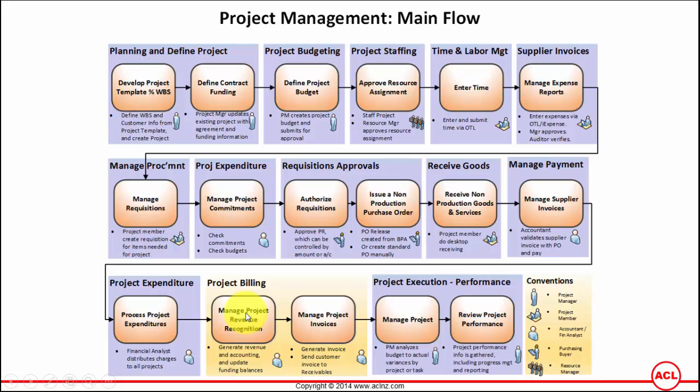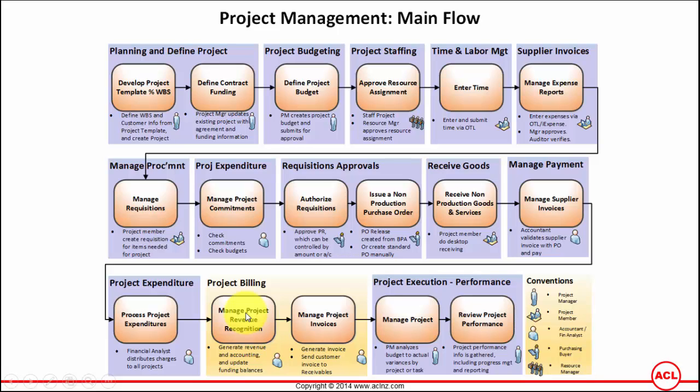And then billing works in integration with the Oracle receivables module, which lets you track the entire receivable activities against those billings. So the invoice that gets generated from billing can be viewed in receivables and can be communicated to the customer via receivables.